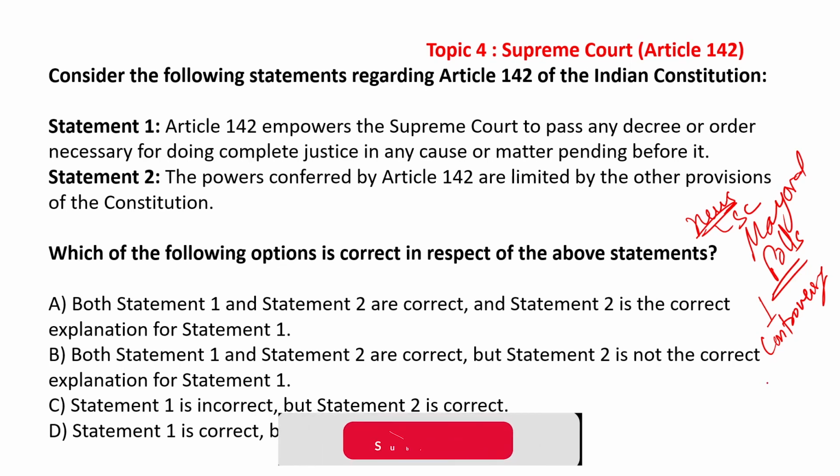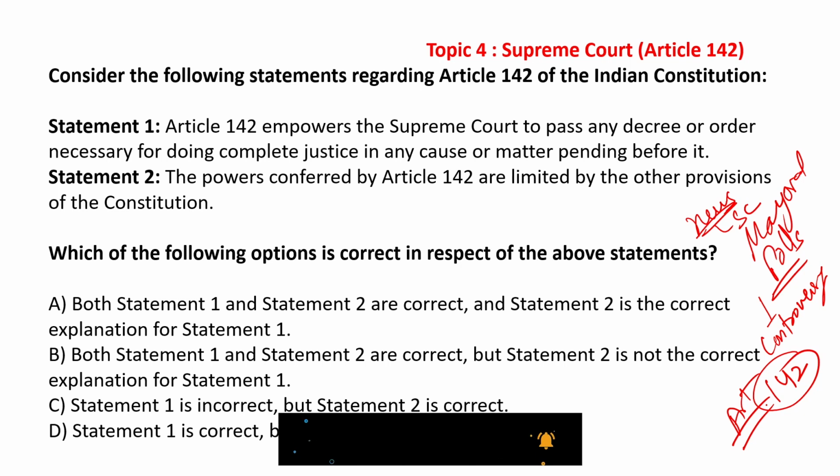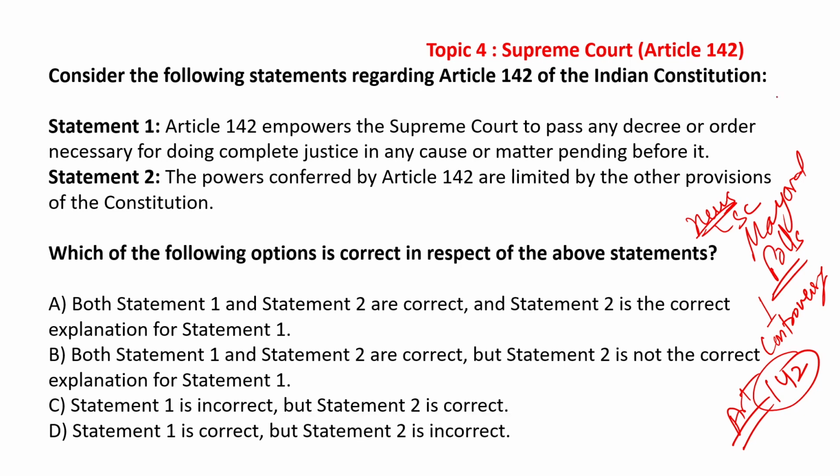And the Supreme Court actually used Article 142. So questions related to articles are very common in the preliminary examination. The underlying concept here is the constitution itself, or the important articles of the constitution.